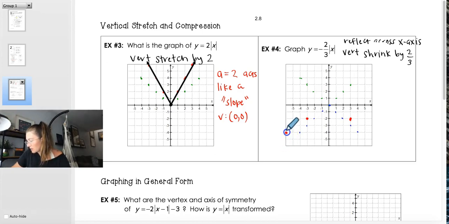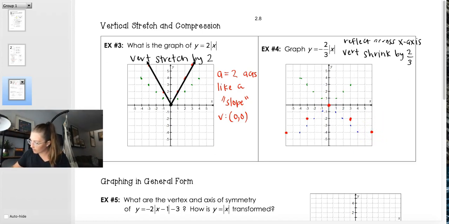We have enough space. So what I'm doing is taking that distance of 6, multiplying it by 2 to get 12, dividing it by 3 to get 4. So my final points would be these red points.